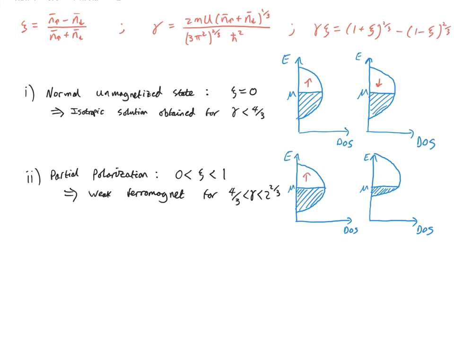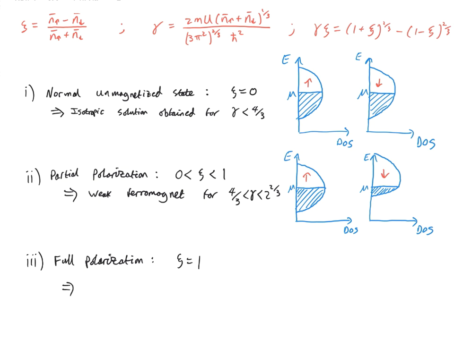For a given chemical potential, we see an imbalance between the populations of the up and the down spin. We have a much greater number of upspins than downspins because the downspin band has been moved up in energy relative to the upspin. And finally, of course, it's possible to have a full polarization, psi equals 1.